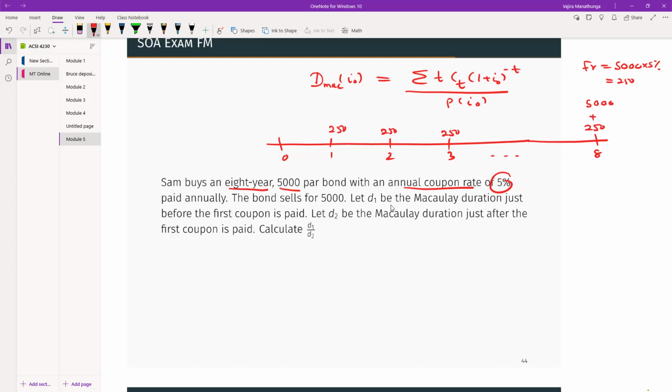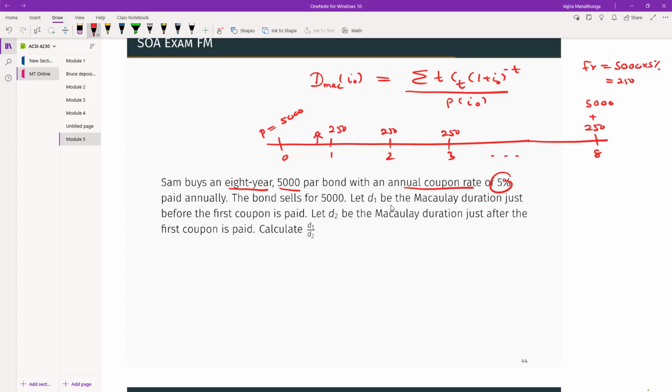The bond sells for 5,000, so here the price is going to be 5,000.